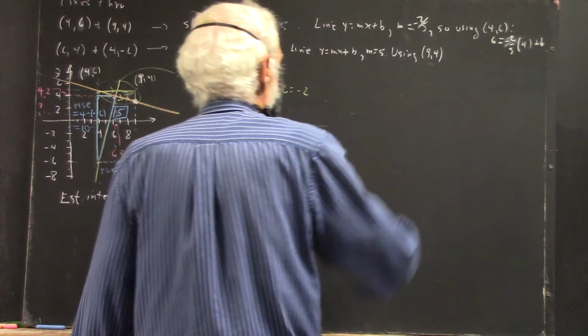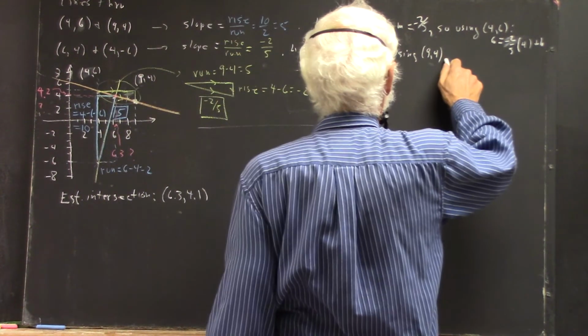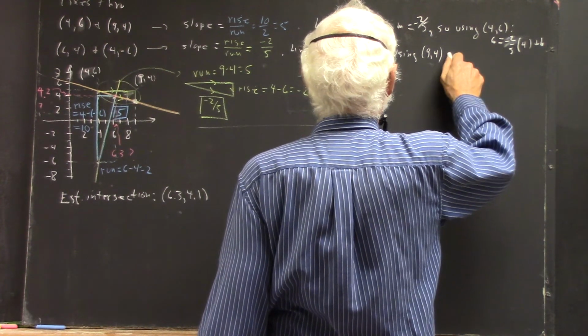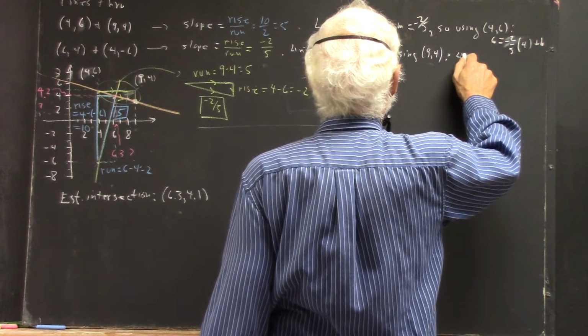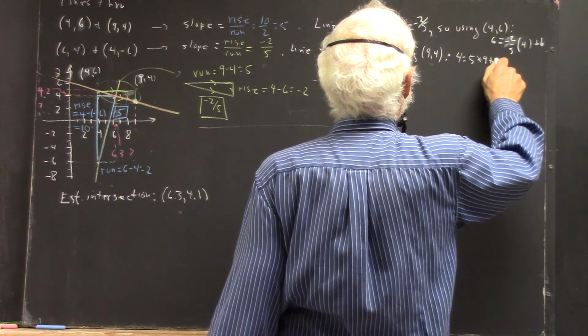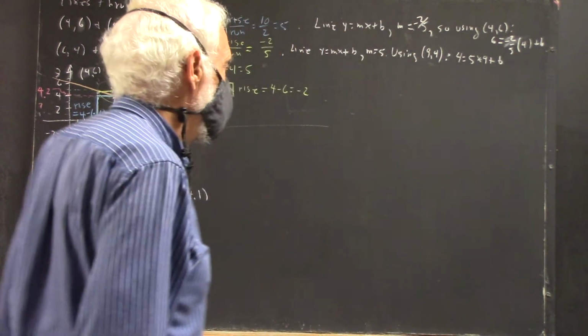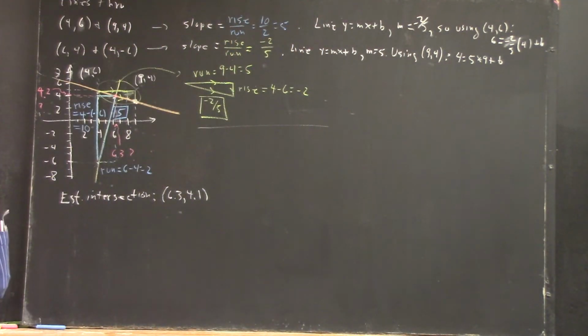If we plug the coordinates (9, 4) into this equation, we get 4 equals 5 times 9 plus b. Okay?